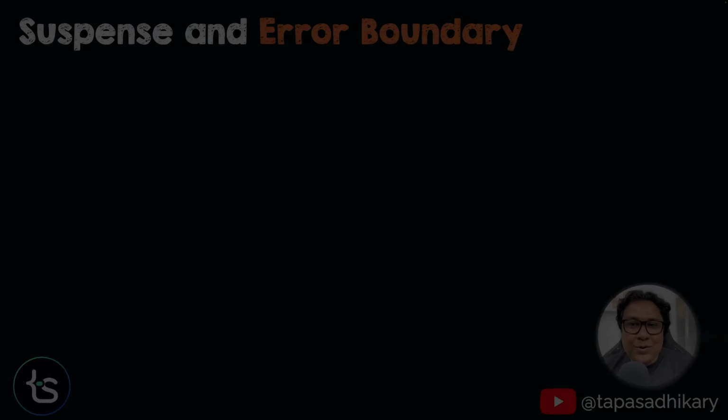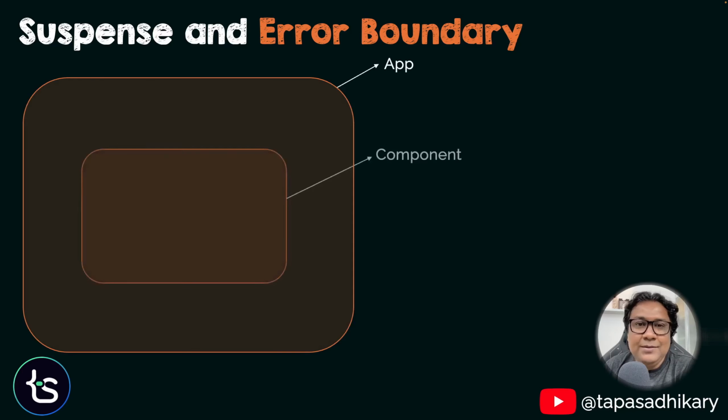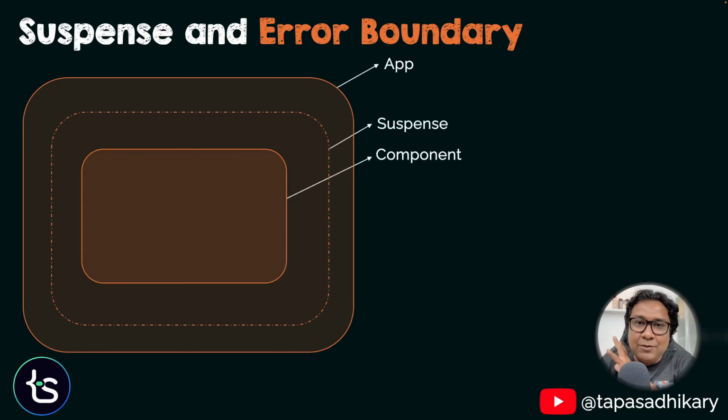Let's talk about error boundary quickly. Okay, so what is error boundary? Again, we have an application, we have a component, we wrap the component using suspense because our component is making an asynchronous call. But what happens when this asynchronous call fails? It results in an error. How do we handle this error? So React also has something called error boundary, and there are various implementations already available.